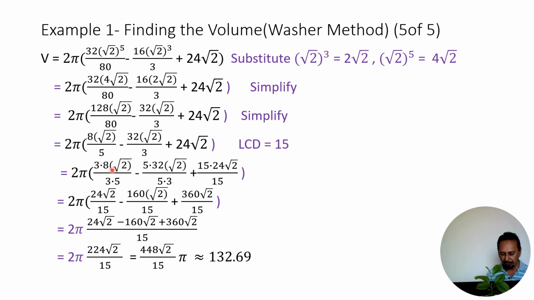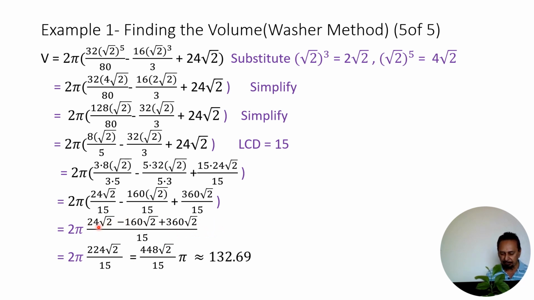Now we can simplify. 3 times 8 is 24 square root of 2 over 15, this is 5 times 32, 160 square root of 2 over 15, plus 15 times 24, 360 square root of 2 over 15. Same denominator, so write the denominator once and write the numerator: 24 times square root of 2 minus 160 times square root of 2 plus 360 times square root of 2.